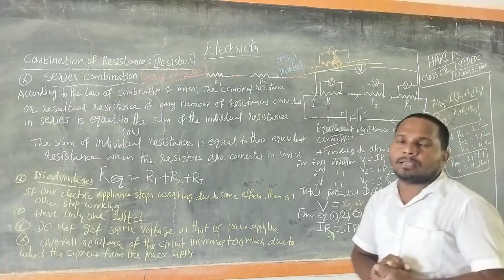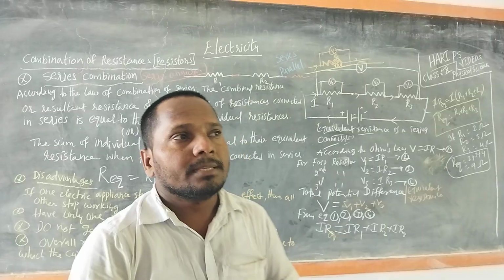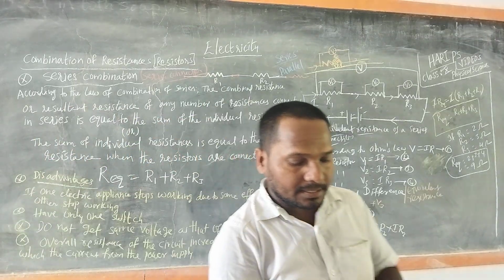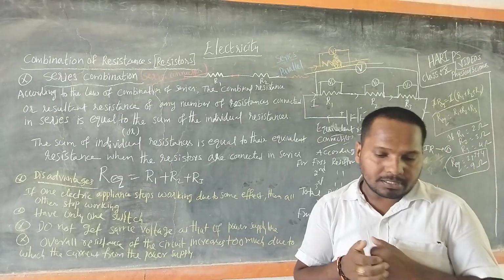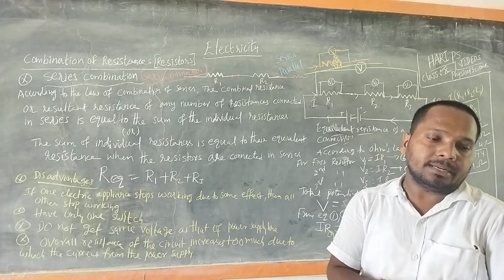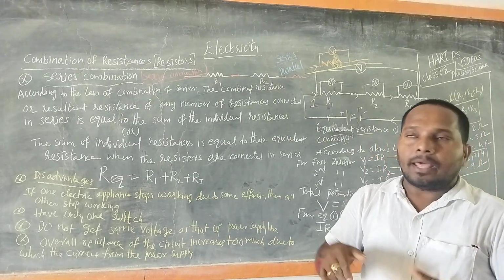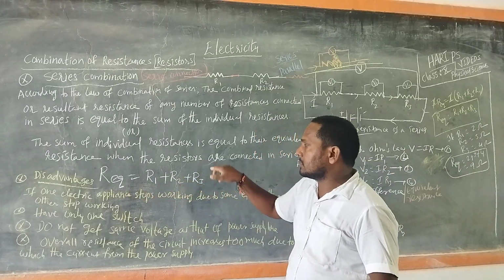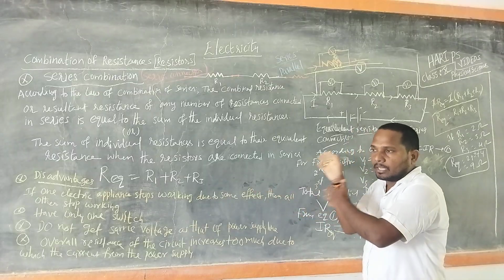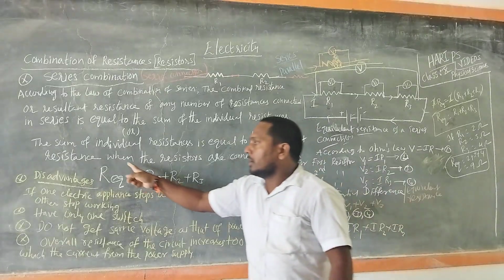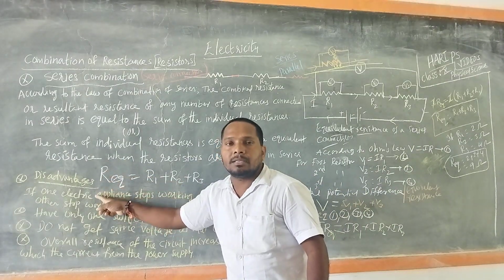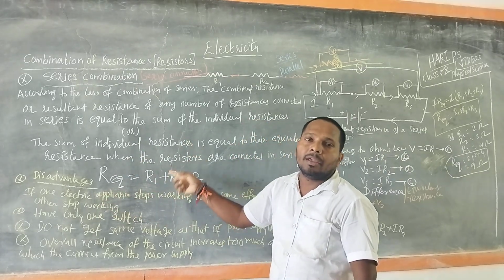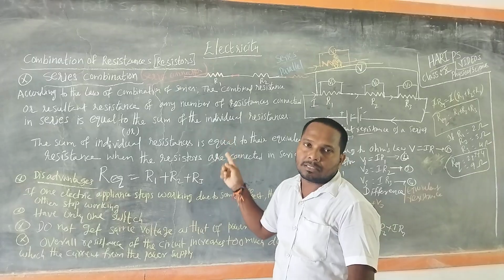So this is about the series combination of resistors. Like that, Req is equal to R1 plus R2 plus R3 plus R4 plus R5. The equivalent resistance is more than the resistance of the individual resistors.